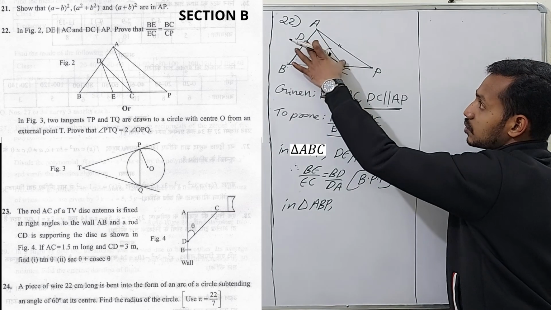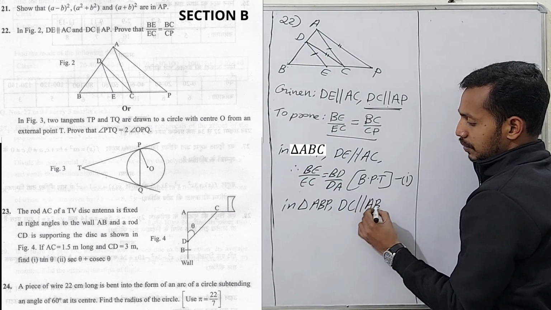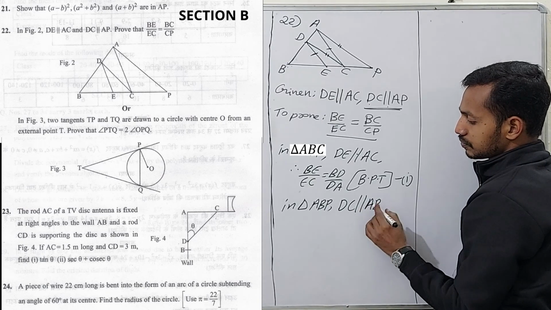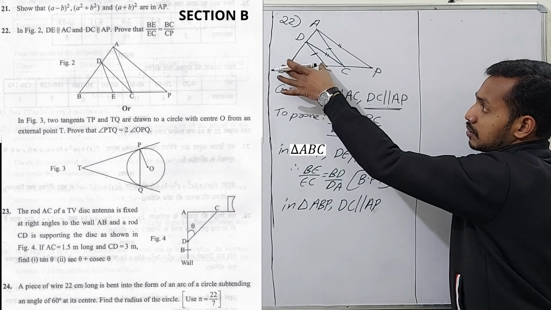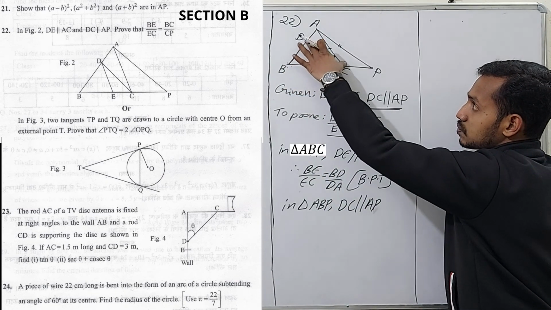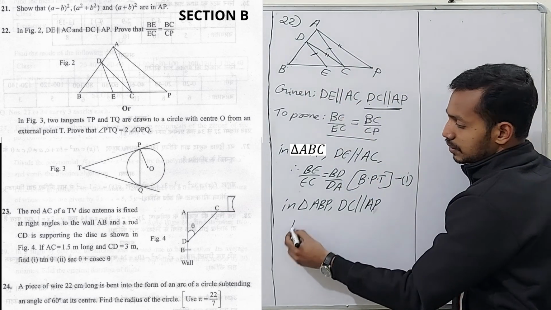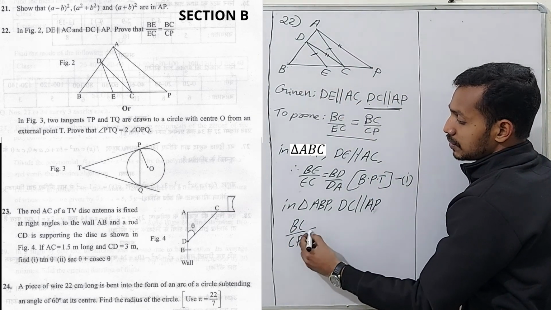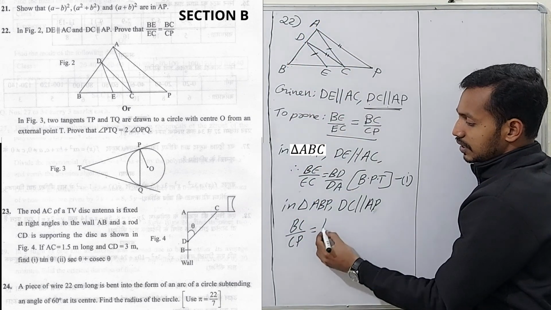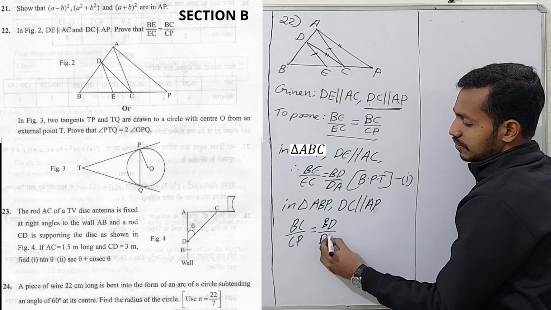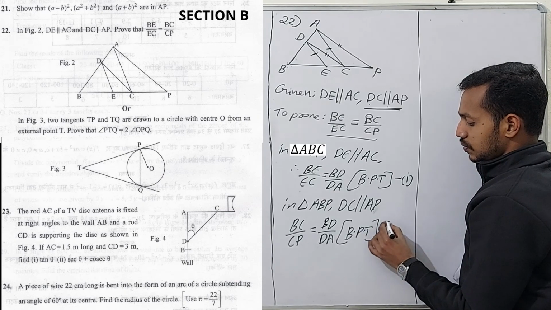Then we can say that BC by CP, clear? BC by CP is equal to the same BD by DA, by using the basic proportionality theorem, equation 2.